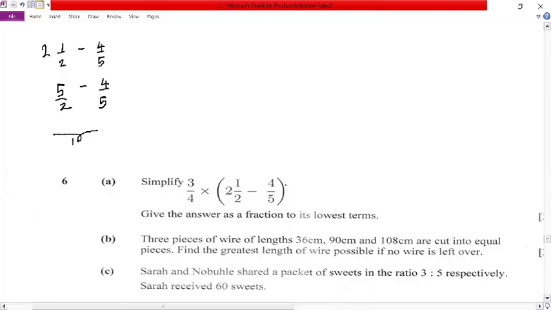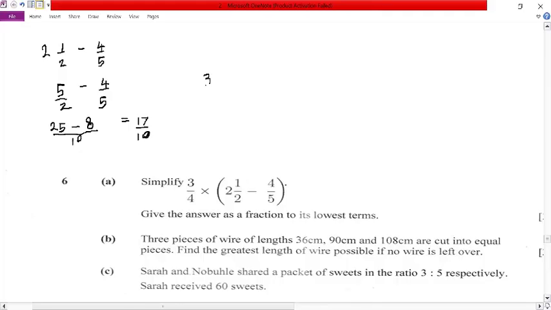2 into 10 is 5, 5 times 5 is 25. 5 into 10 is 2, 2 times minus 4 is minus 8. Then 25 minus 8 is 17. So we get 17/10 just inside the brackets.